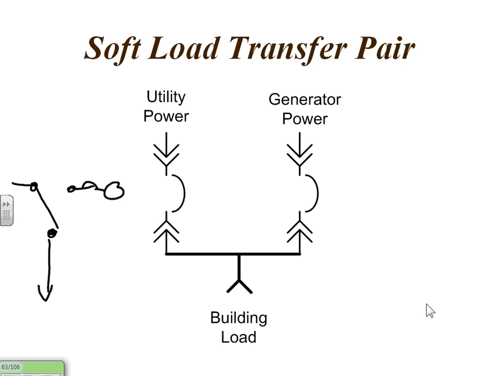That's a breaker. When the utility fails, a tree falls on the line, to your point, the utility is gone here. There are voltage sensors on both the utility side and the generator side. So once the voltage sensors here see it, you are correct, there are batteries that are running the control.